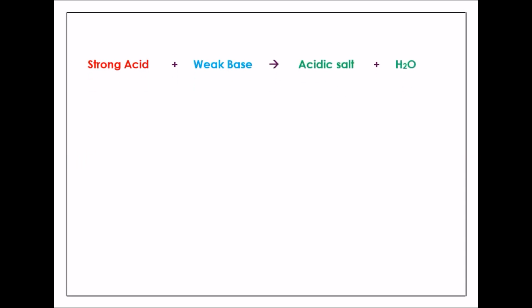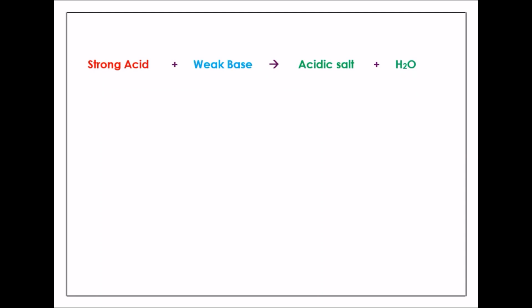You see that equation? Whenever we need to get any salt, we know acid plus base gives salt. Now, there are three types of salts: acidic salt, basic salt, and neutral salt. And we know acids are of two types: strong acid and weak acid. Bases are of two types: strong base and weak base.